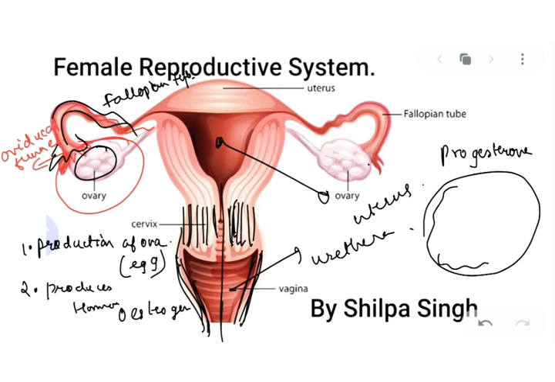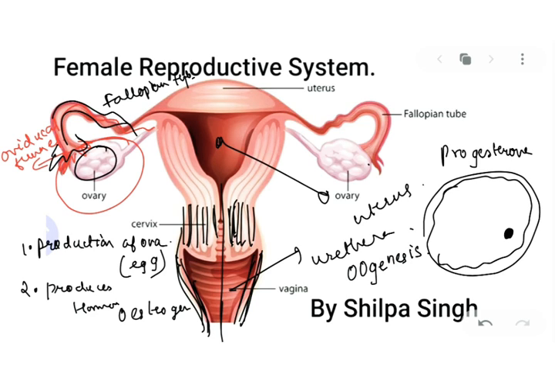Now the walls of this ovary produce an egg, and this process of production of egg is known as oogenesis. So what is oogenesis? It is the process in which ova or the egg is produced by the ovary.